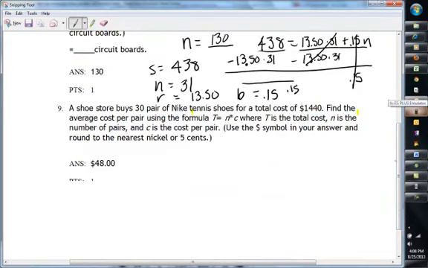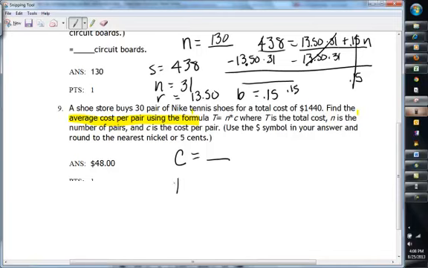Let's look at this one. A shoe store buys 30 pairs of Nike tennis shoes for a total of $1,440. Find the average cost per pair using the formula T equals N times C, where T is the total cost, N is the number of pairs, and C is the cost per pair. So we're looking for C, to the nearest nickel, or nearest 5 cents.